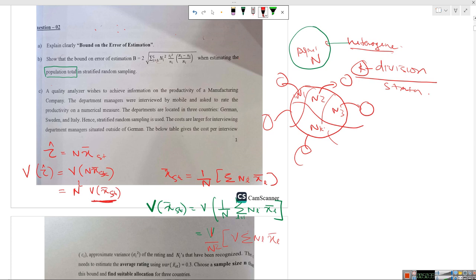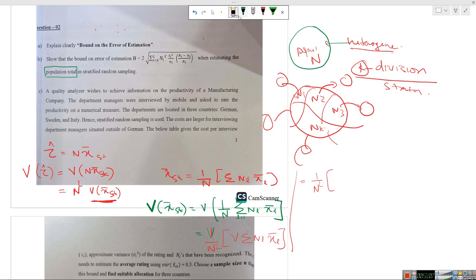Now you see, if you consider this stratum, in each stratum we are going to apply simple random sampling with standard deviation of i, right? So now how I can expand this is, this can be written as 1 over n squared summation. Ignoring the summation, I am going to extend this so that I can easily go to the answer.